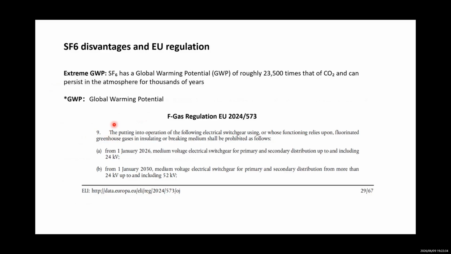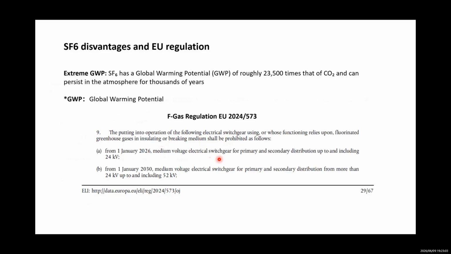The putting into operation of the following electrical switchgear using or whose functioning relies upon F-gas as insulating or breaking medium should be prohibited as follows. From January 1, 2026, medium voltage electrical switchgear for primary and secondary distribution up to and including 24 kilovolt.